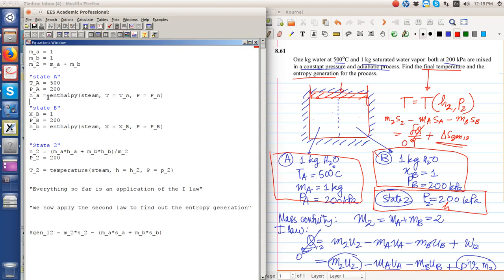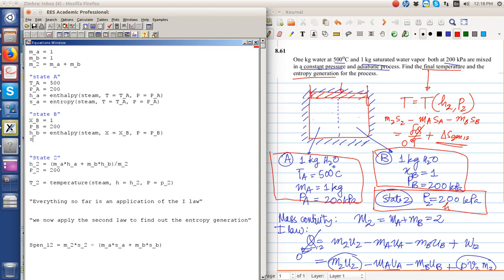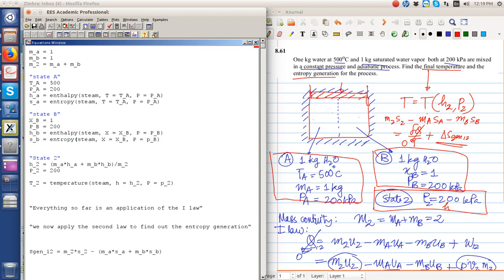So we must write down the expressions for the entropies. SA is equal to the entropy of steam, SB is equal to the entropy of steam at X equal to XB, P equal to PB. EES is case insensitive, so it doesn't matter if the capitalization is missed.